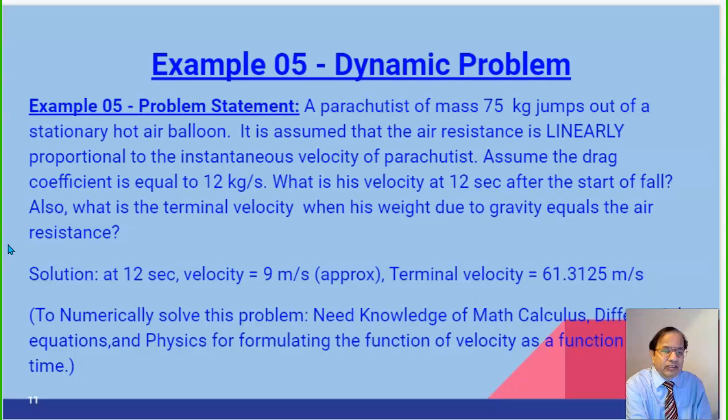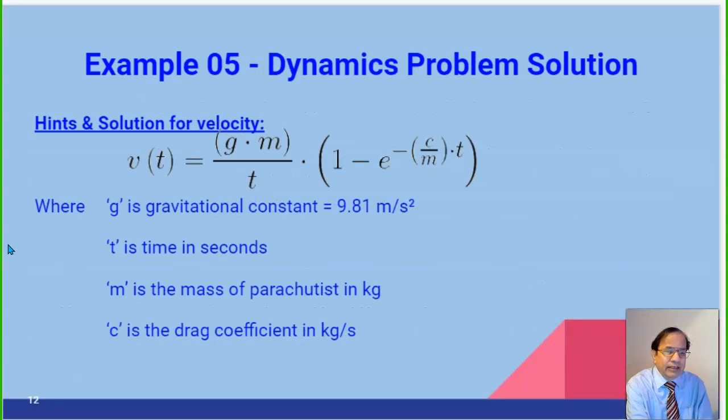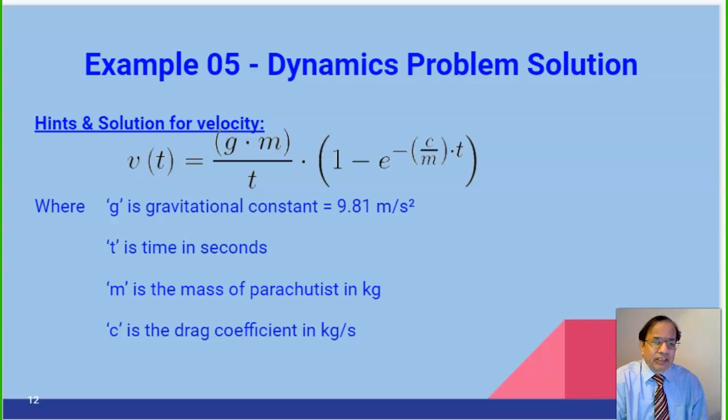We need to have some knowledge of physics and differential equations to formulate the problem, and we can express the velocity as a function of time, where v of t is g times m divided by c multiplied by parenthesis open 1 minus e raised to minus ct by m, where g is the gravitational constant, which is 9.81 meters per second squared, t is the time in seconds, m is the mass in kg, and c is the drag coefficient in kg per second.